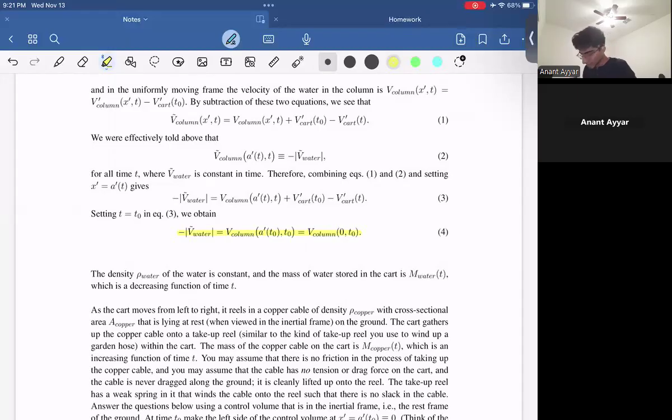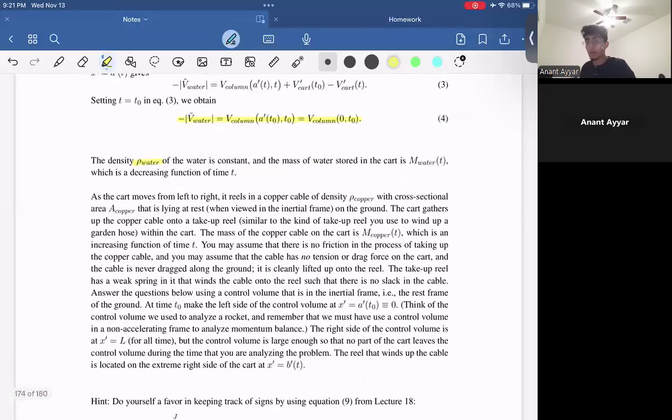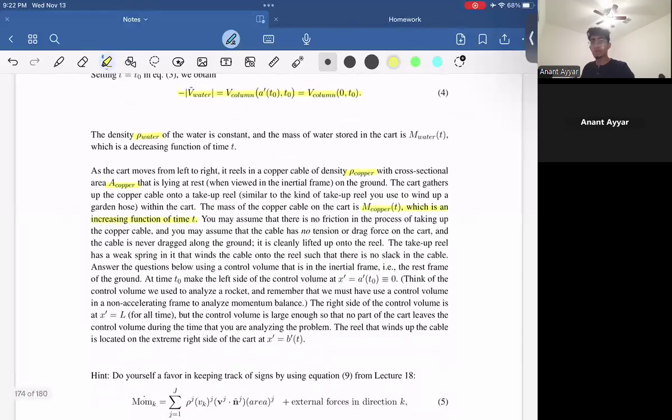We also have the density of the water as a given, the density of the copper, the area of the copper, and an important thing is that the mass of the copper is increasing as a function of time. I think it says in the beginning that the mass of the water in the cart is decreasing as a function of time, which makes sense because the copper is getting added to the cart and the water is getting shot out of the cart.